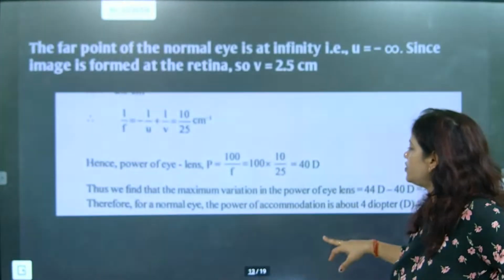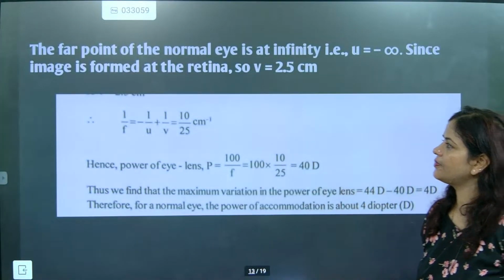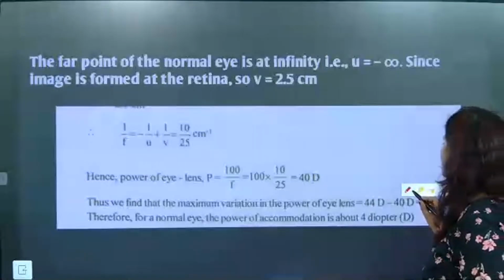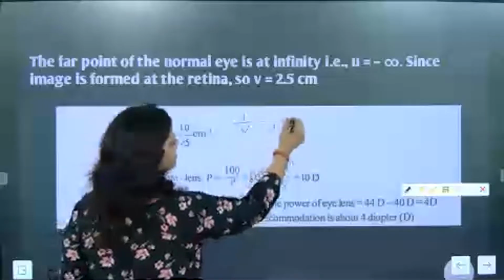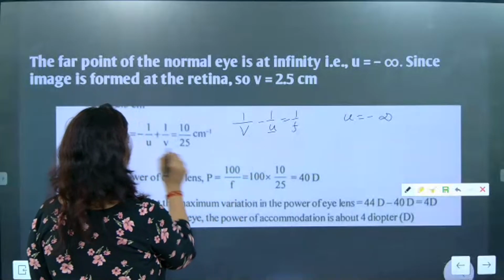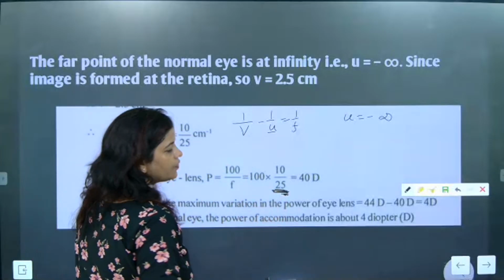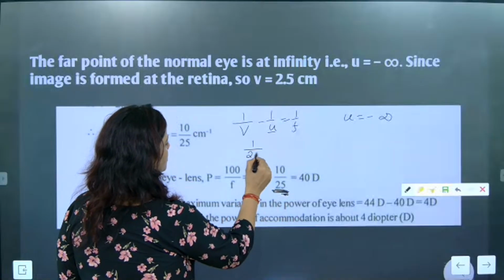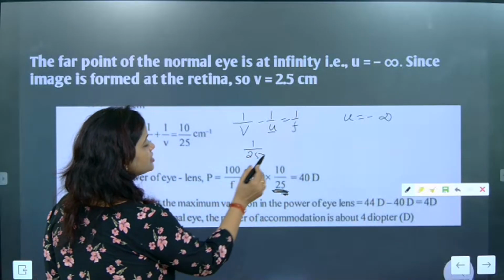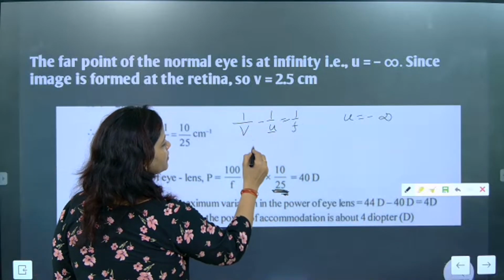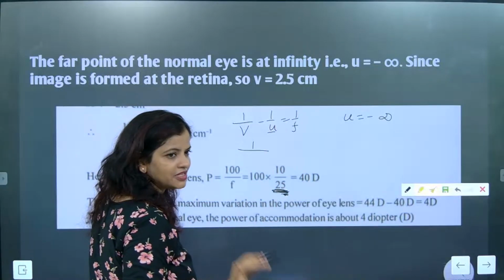Power of accommodation we are going to study now with a far off point. When you look at this, V is what? V is again 2.5. The distance between the retina and the lens remains the same.